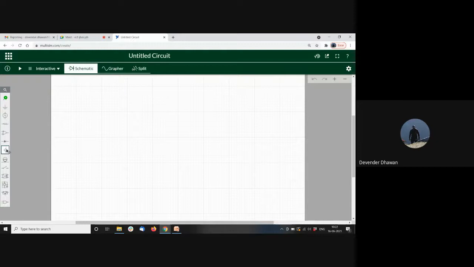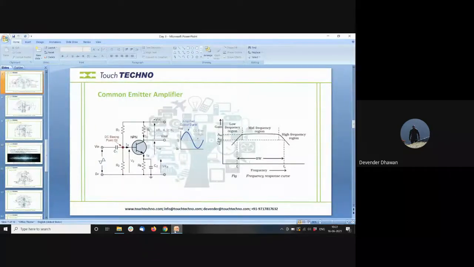First of all we need one NPN transistor, or I can take a certain part number also if you want, but I will take a generic one. So this we have done, and what all do we need? Two capacitors we need, then three resistances, so 4 resistances.